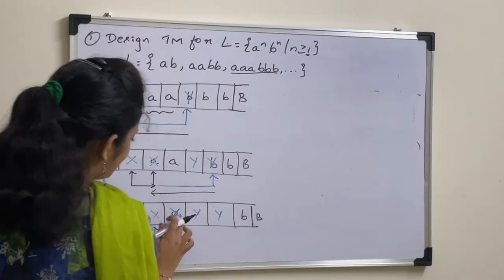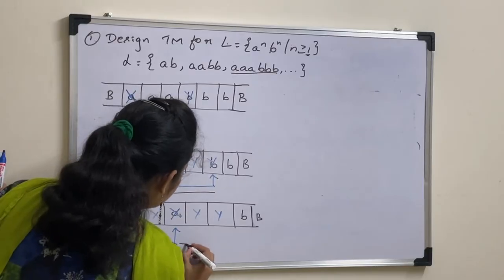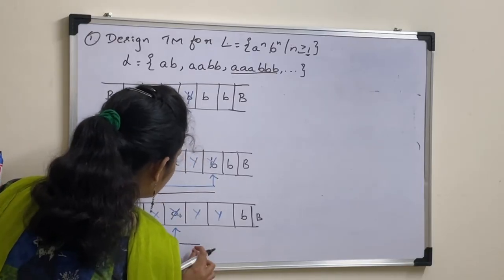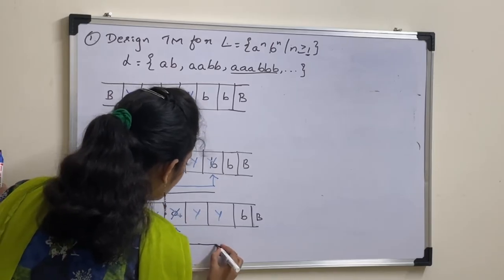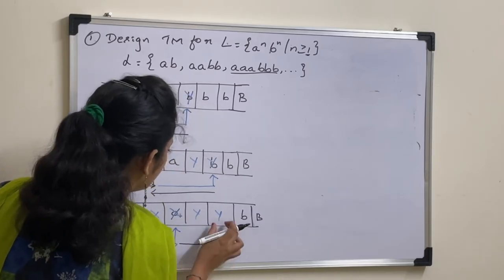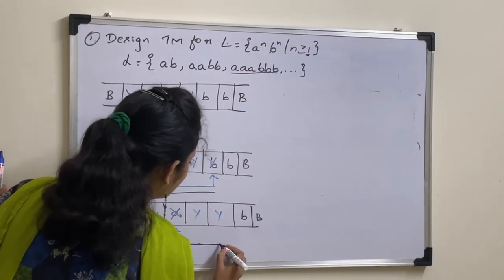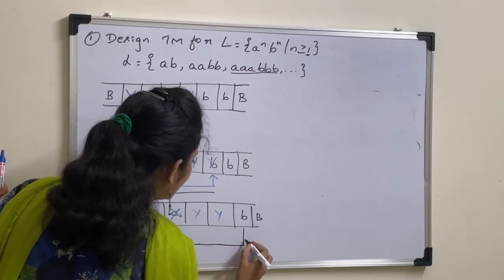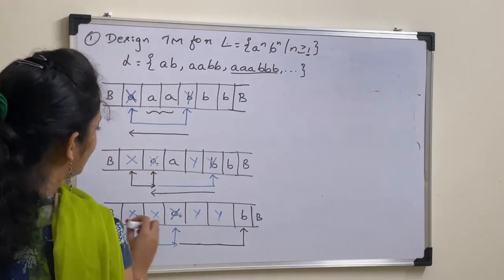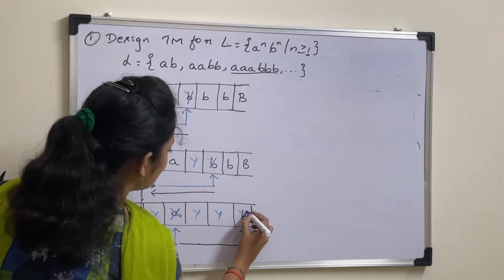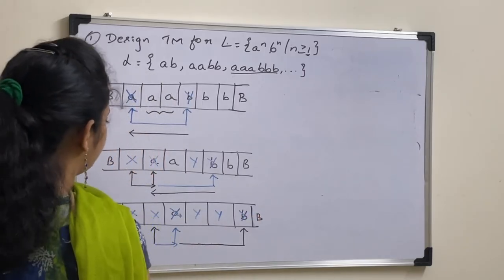After this, move one position to the right. We have Y. Don't perform any operation. Again, move one position to the right, Y. Don't perform anything. So move till we get the symbol B. Now when we have the symbol B, mark this with Y.